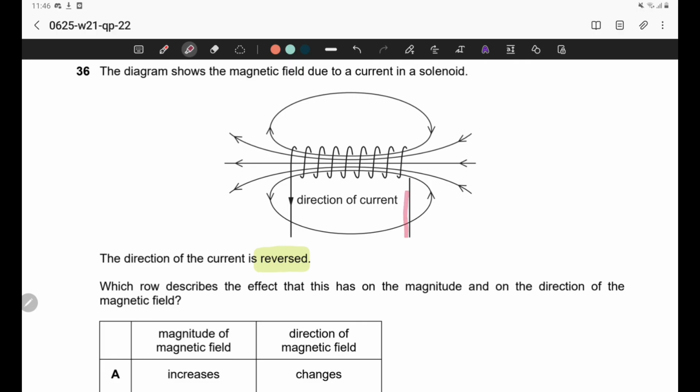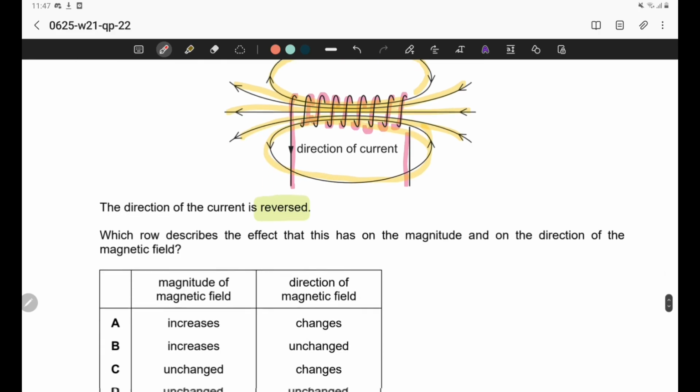Whenever there is a current flow in a solenoid, it will produce a magnetic field, and the magnetic field lines are shown in this figure.